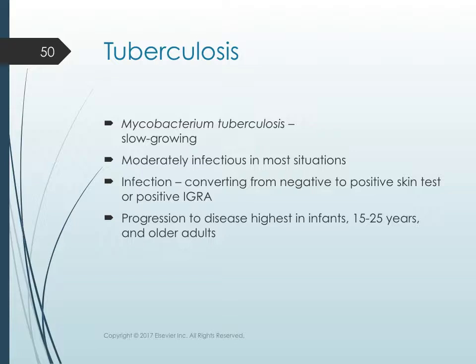Moving on to TB, you're probably familiar with TB at this point in your education, but it's good to quickly discuss it in this infectious disease module, just because we do still see TB around.